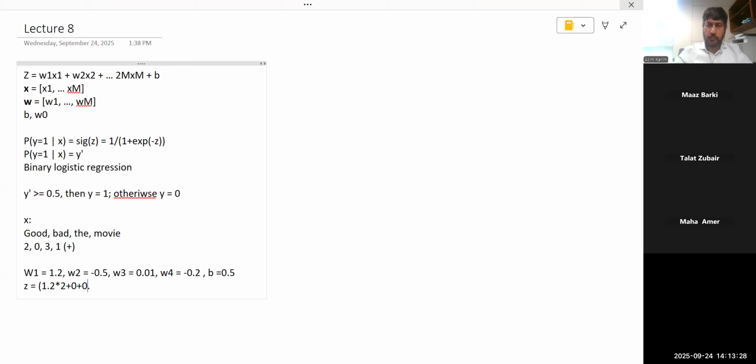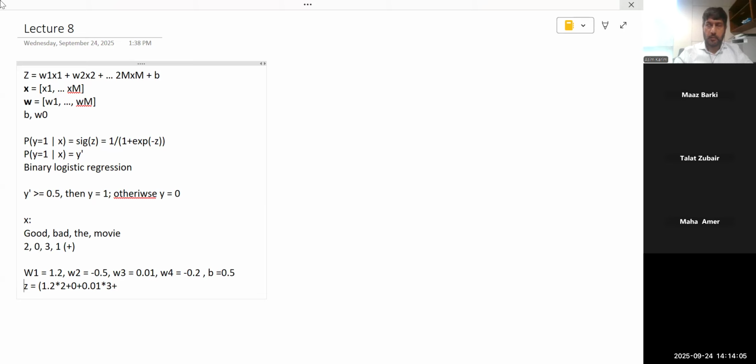So please help me with these numbers, for those who are following closely. So 0.1 times 3, plus for movie, what is the count for movie? And what was its weight before?